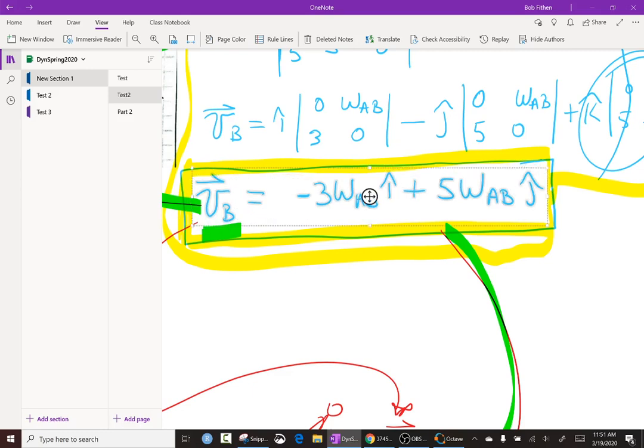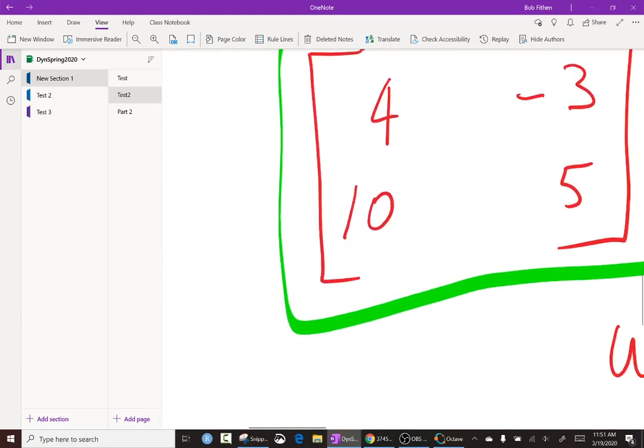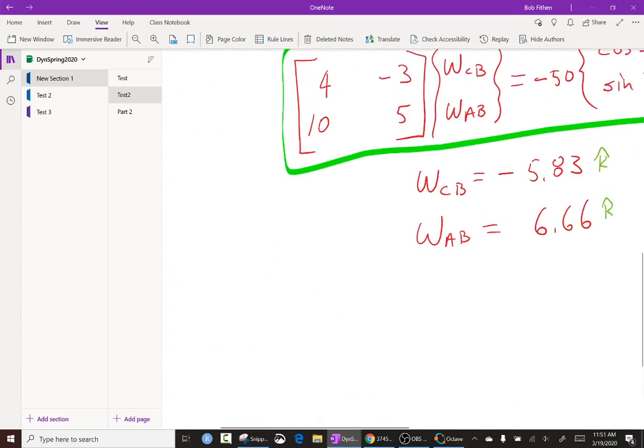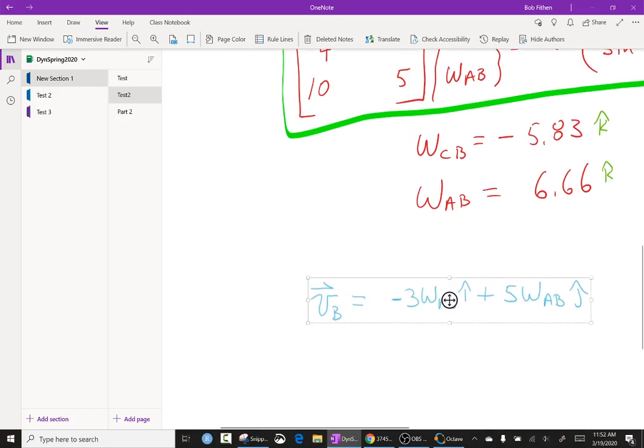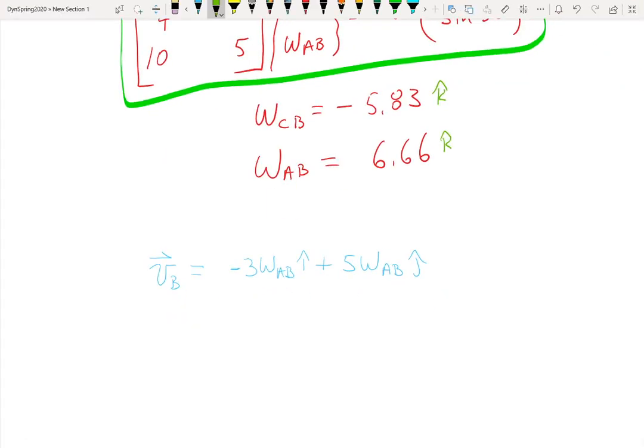We'll do a copy, and I'm going to move to the bottom of the page. I'm going to paste it right here, and then that's not that difficult of a thing to find.